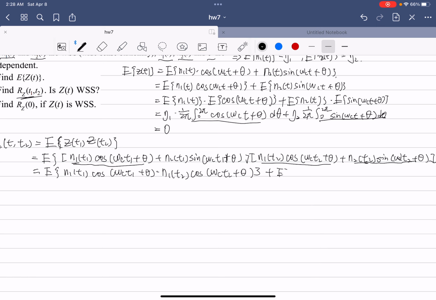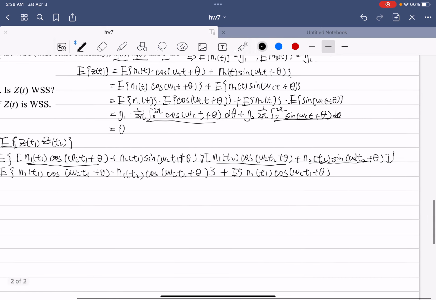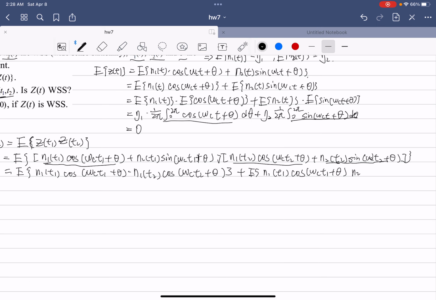So it's the mean of N1T1 cosine omega ct1 plus theta times N2T2 sine omega ct2 plus theta.